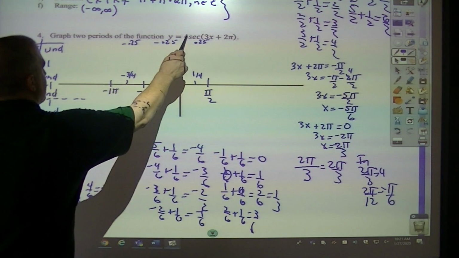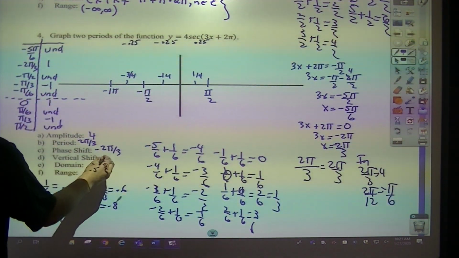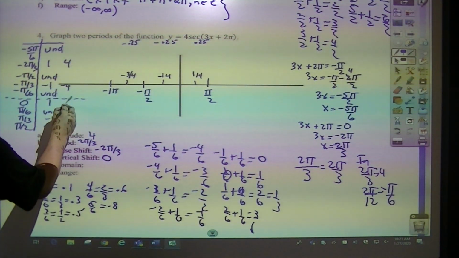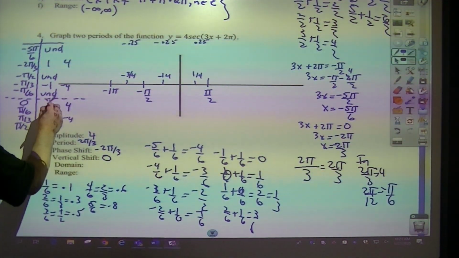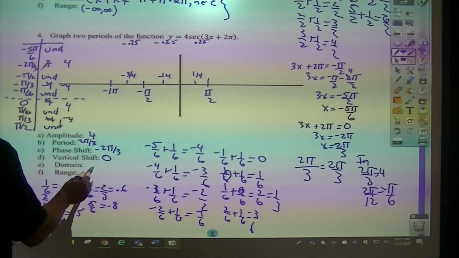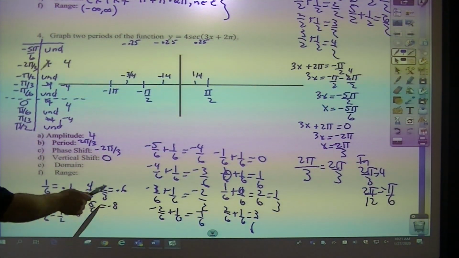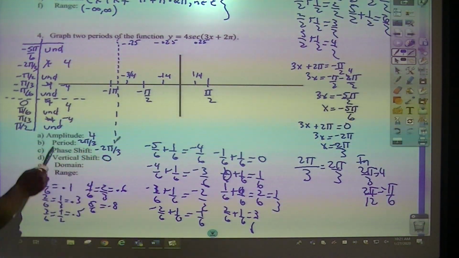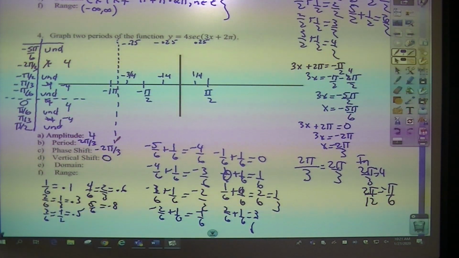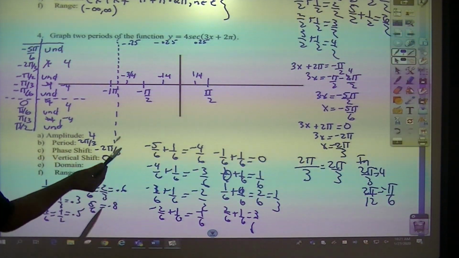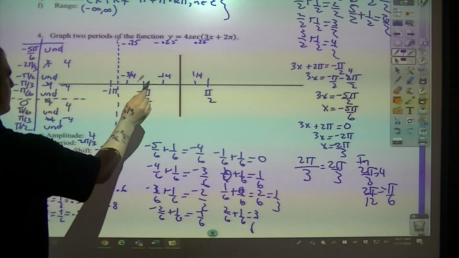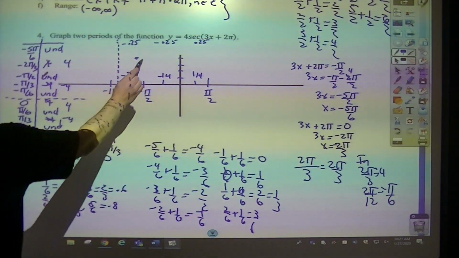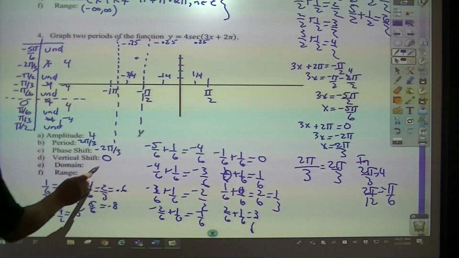Now, what else is going to happen to my values since I have that 4 in there? I don't have a vertical shift, but this is now going to be 4, negative 4, 4, negative 4. These other parts are just going to stay undefined. So at negative 5/6, which is negative 0.8, which would be right here, I'm going to be undefined. At negative 2/3, which is negative 0.6, that would be right here, I'm going to be up at 4. At negative 1/2, I'm going to be undefined.